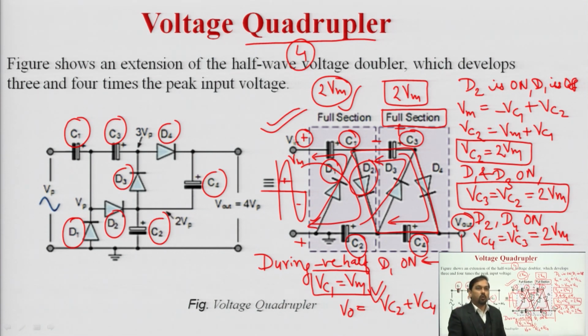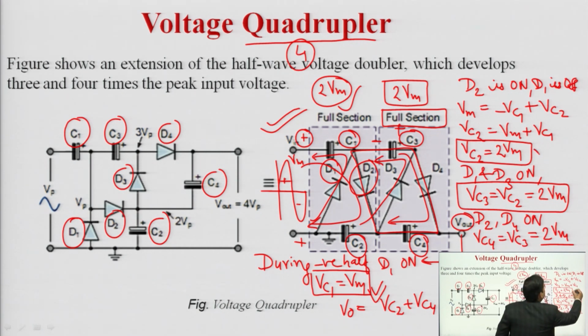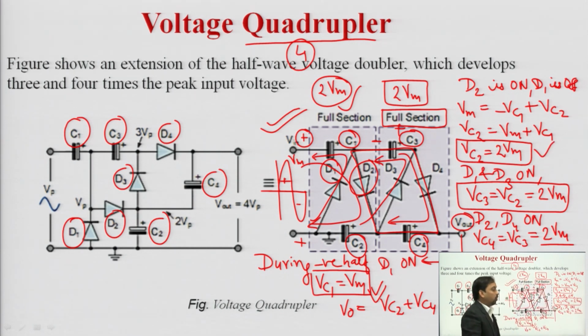So, Vc2 we have already calculated is 2 times Vm, and this Vc4 is also 2 times Vm. So, the overall voltage V0 is nothing but 4 times Vm. We have seen from this particular circuit that the output is 4 times the value of the peak rectified input signal.